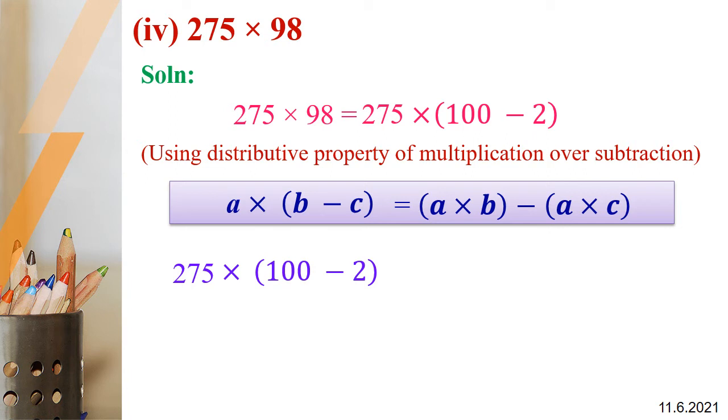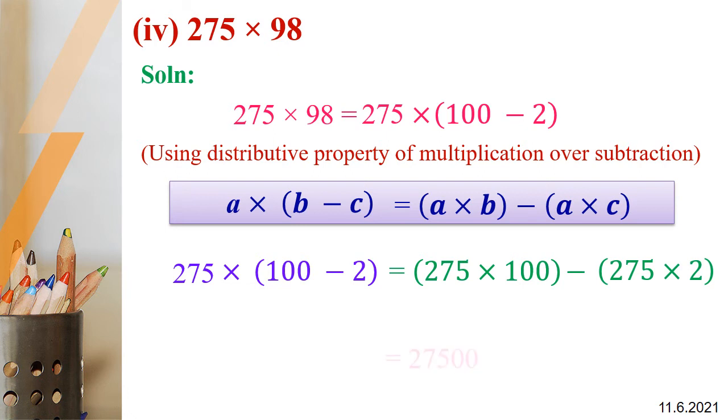Here A value is 275, B value is 100, C value is 2. Now first we have to multiply 275 and 100, and then multiply 275 and 2, and then subtract the values. So that is 275 into 100 minus 275 into 2.